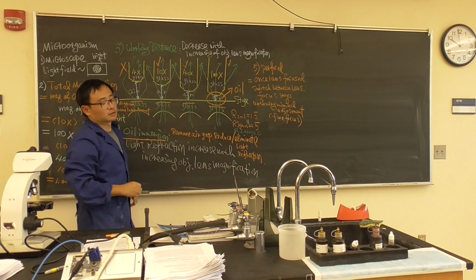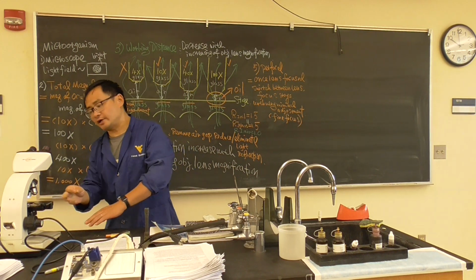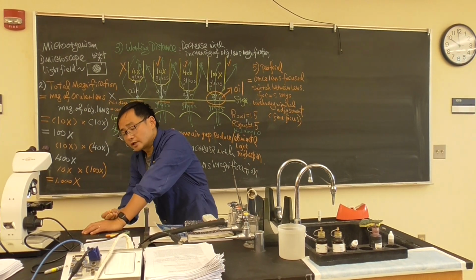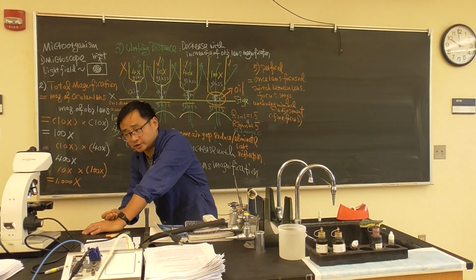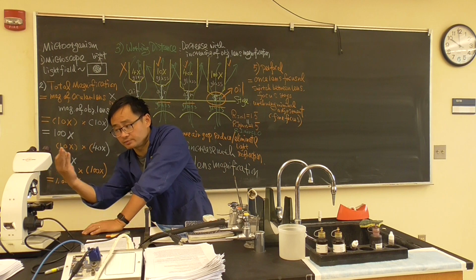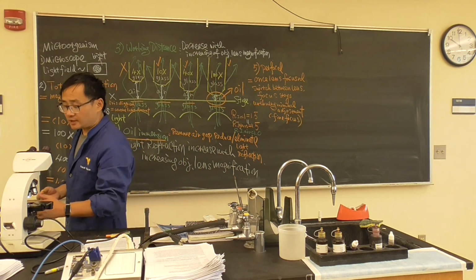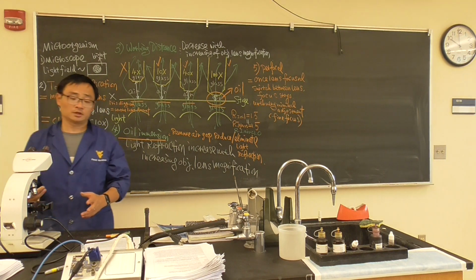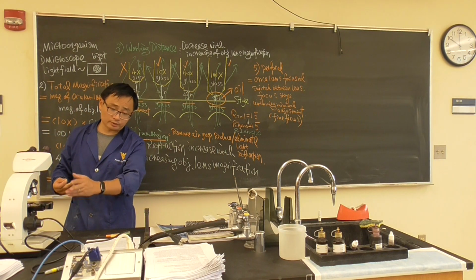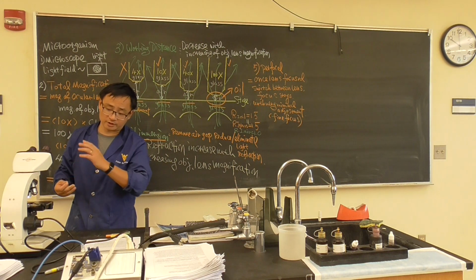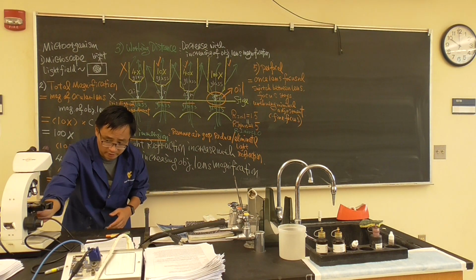If you put it at 4x compared to 100x, the amount going through the objective lens is completely different. Obviously, the light will be much larger when the iris diaphragm is put at 100x compared to 40x. And it's right here, the click is right here.